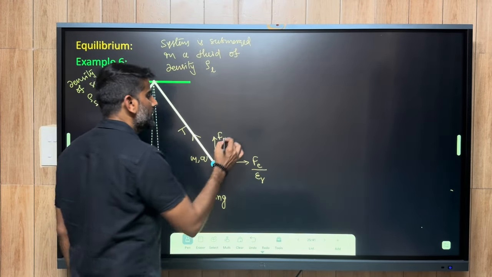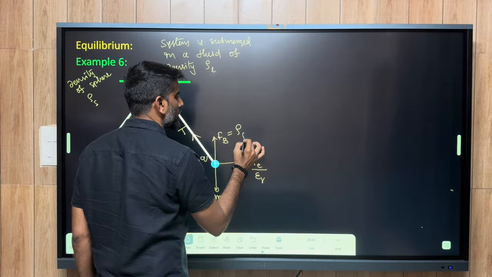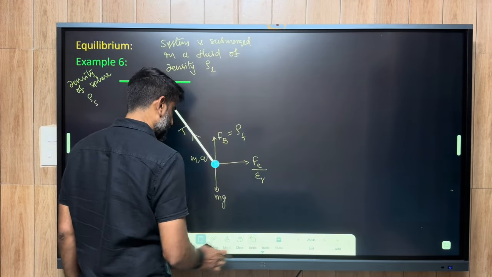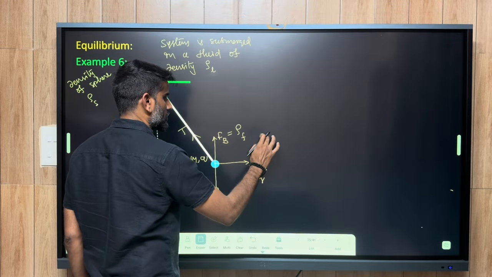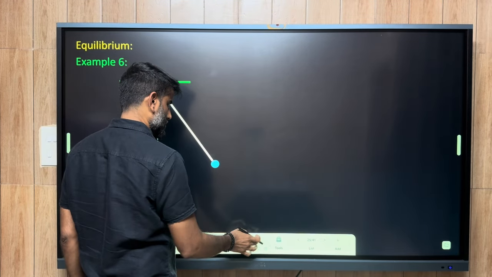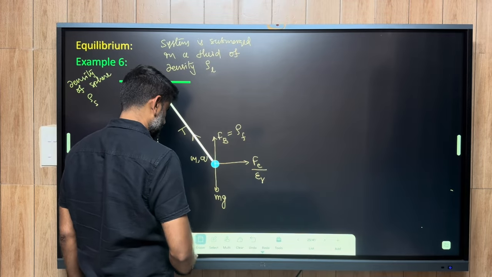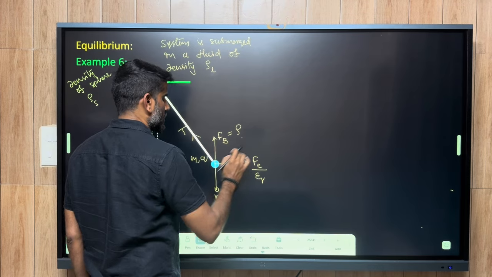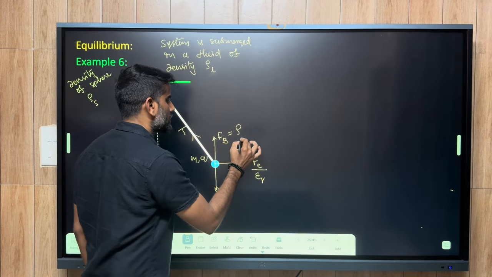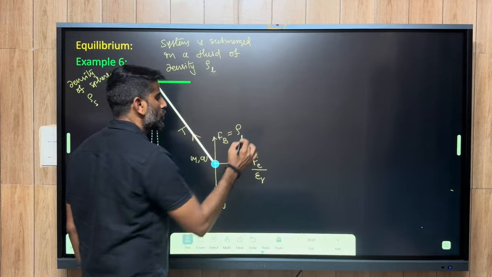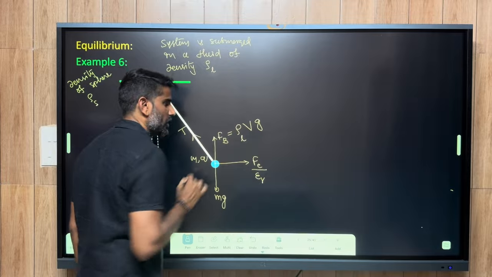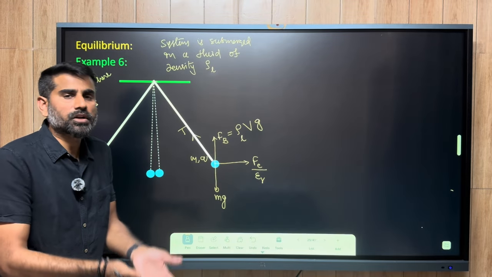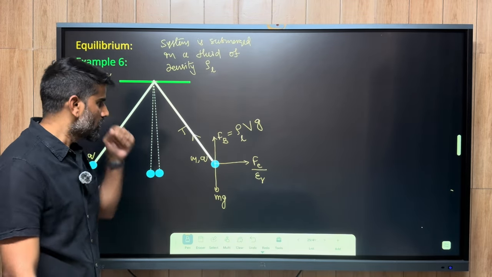Fb, the buoyancy force, is nothing but the density of the liquid into volume into g, where the volume is the volume of the submerged portion of the body, or the volume of the liquid displaced.